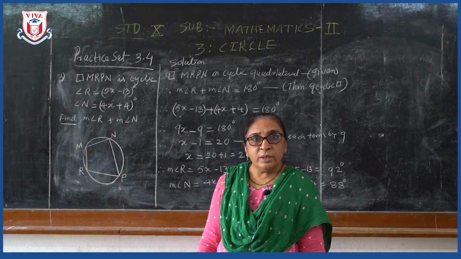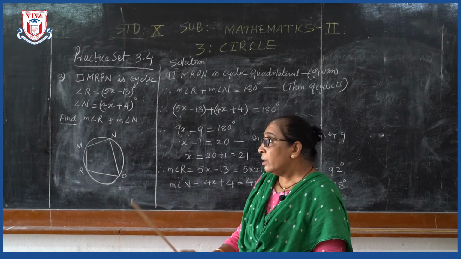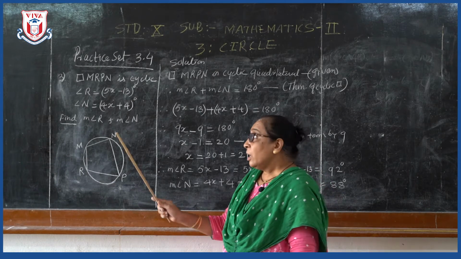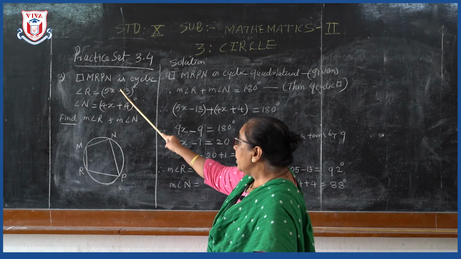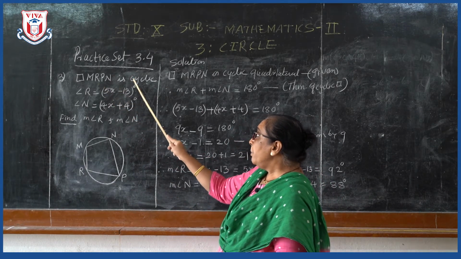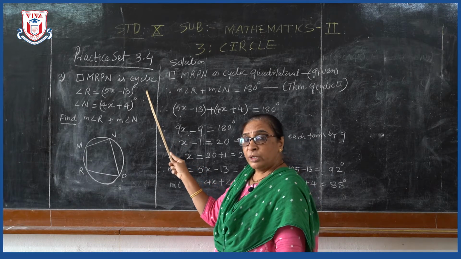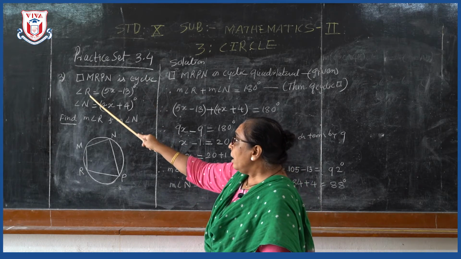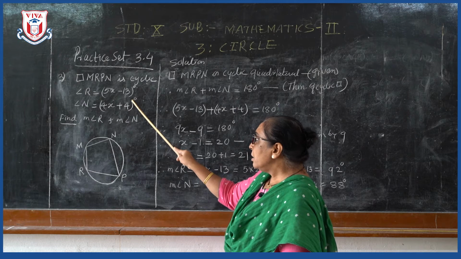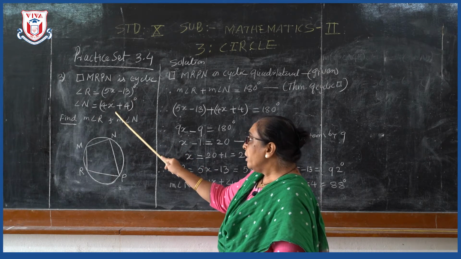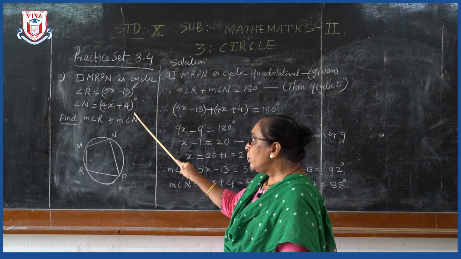Now we will solve the third example. Just look at this third example. Quadrilateral MRPN is a cyclic quadrilateral. Angle R is given 5x minus 13. Angle N is given 4x plus 4.